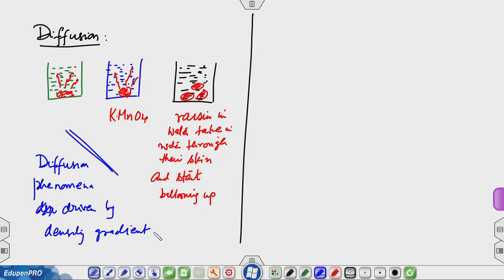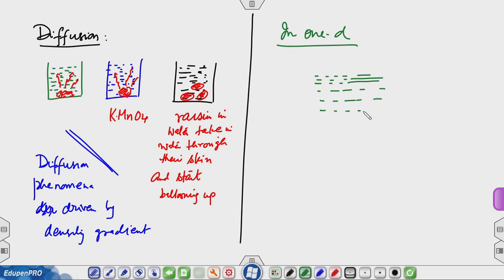We will now, for simplicity, consider phenomena in one direction. So what I am going to assume, and that will be good enough to calculate diffusion coefficient through kinetic theory. So suppose there is a density in the system that is changing with direction. So this is z direction, and here is n, the density, as a function of z.